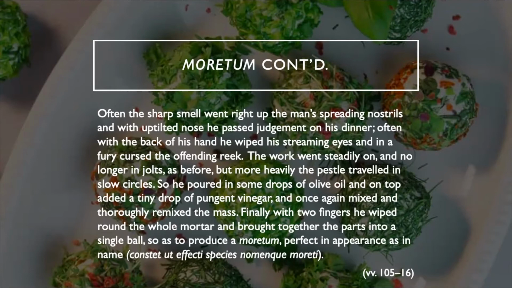William Fitzgerald goes on to note the regularity of Simulus's mortar-pestle motion being like the hexameter of this poem which it's in. He says the poem says, the more heavily the pestle travelled in slow circles, it goes back and forth, just like the lines of poetry here.